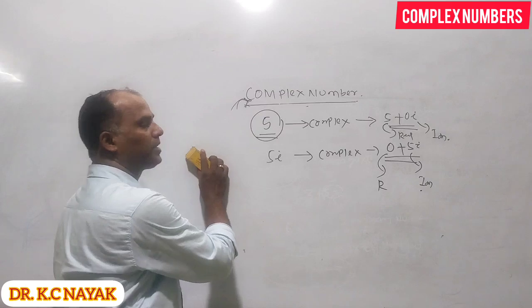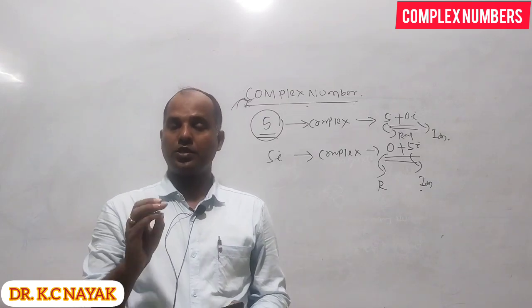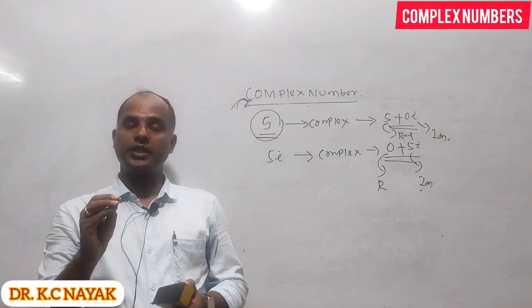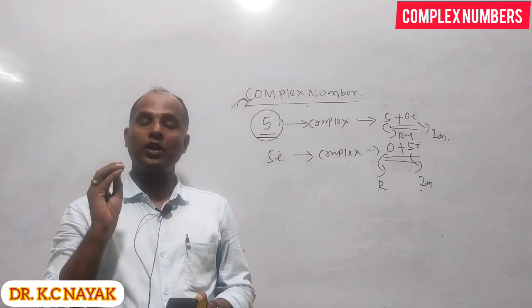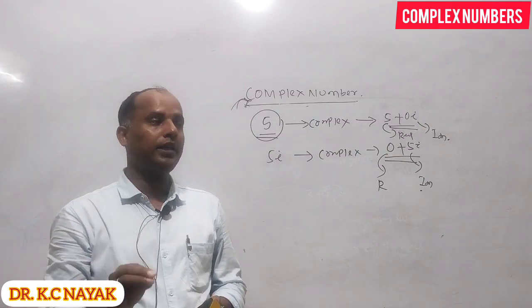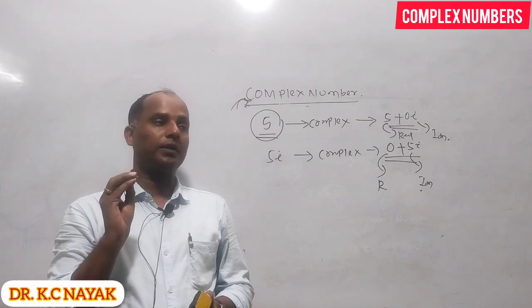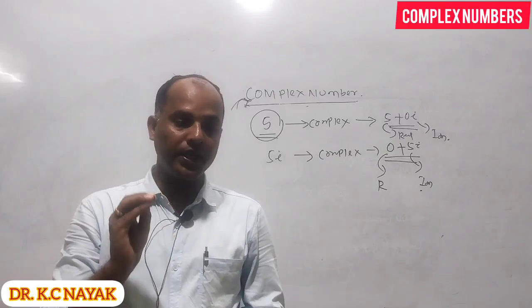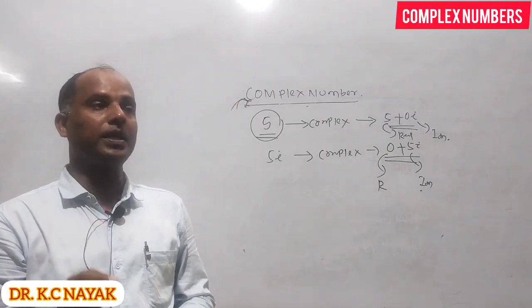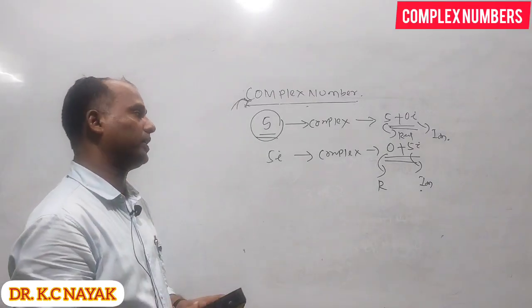Right? That means what is a complex number? Just remember: a number which is represented as a plus ib, where a, b belong to R, and a is the real part and bi is the imaginary part. If the number has an imaginary part, then it is a complex number.